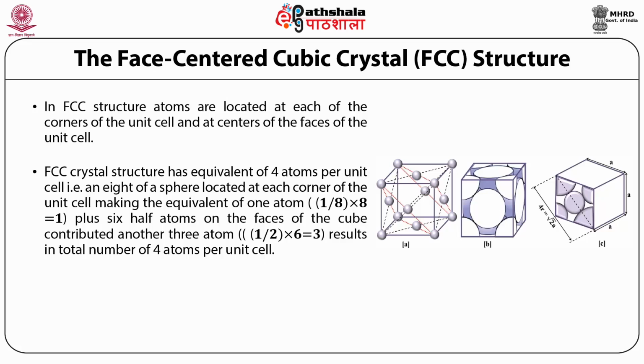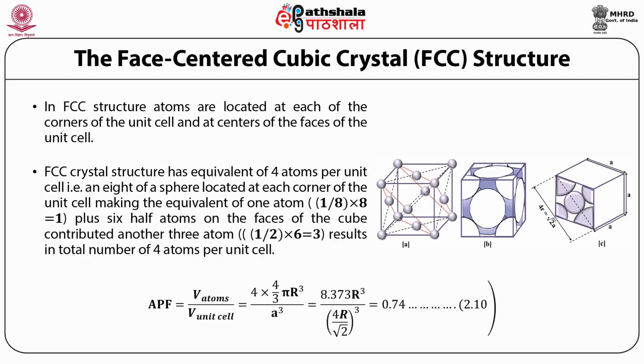The atomic packing factor for FCC can be calculated as follows. APF is equal to V atoms by V unit cell, equal to 4 multiplied by 4/3 π r³ divided by a³, which is equal to 16.746 r³, and after putting the value of a, which is equal to 4r by root 2 the whole cube, APF is equal to 0.74.